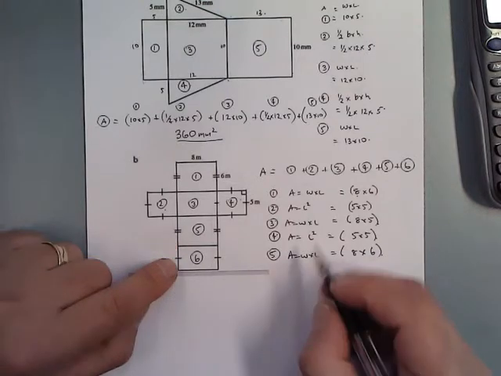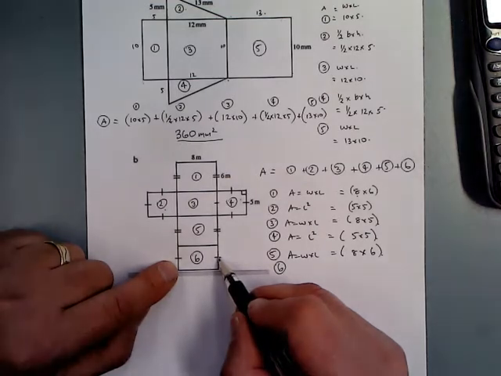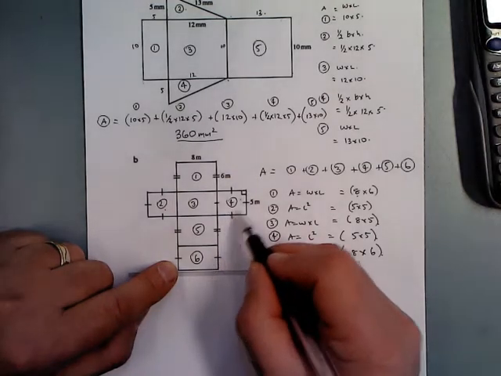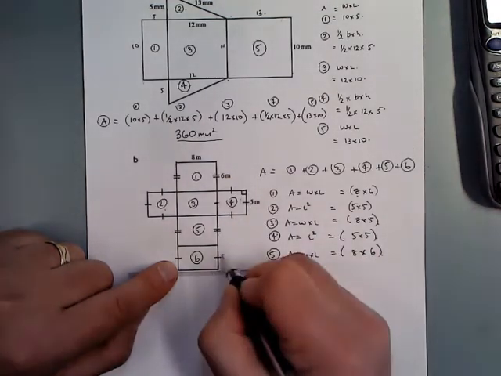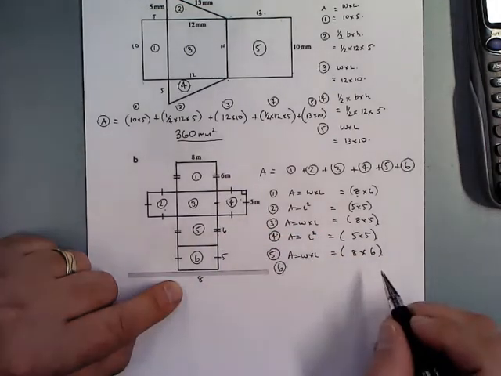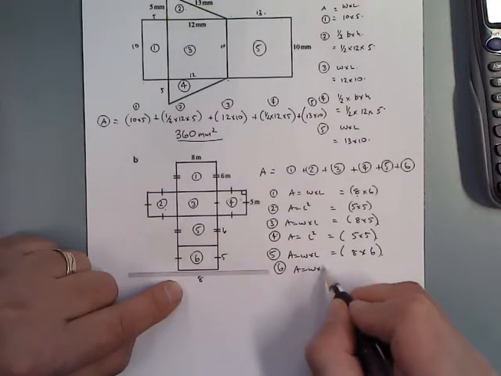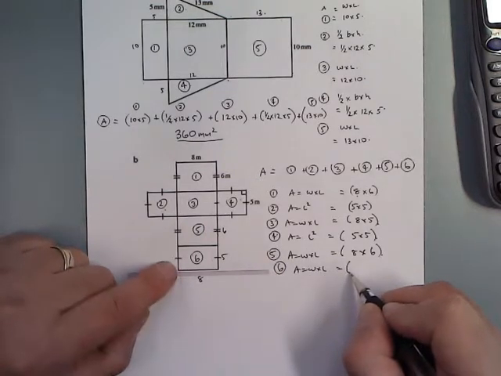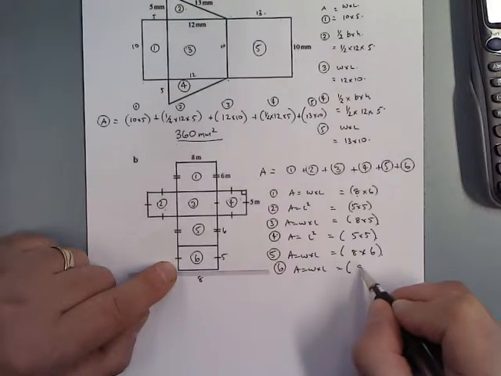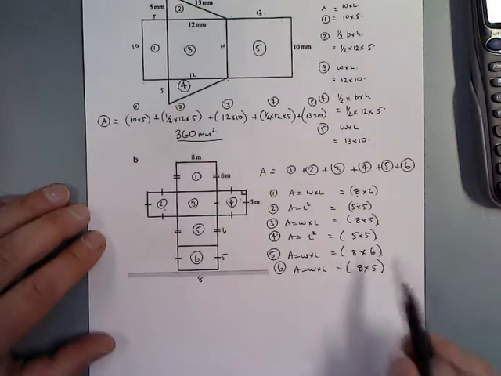Area 6 shows me that it's the same as those sides there, so it's got to be a 5 there. Obviously that will be 8. So area 6 is another rectangle, W times L, which is 8 times 5. It doesn't matter if you have these numbers around the other way, you'll get the same answer.